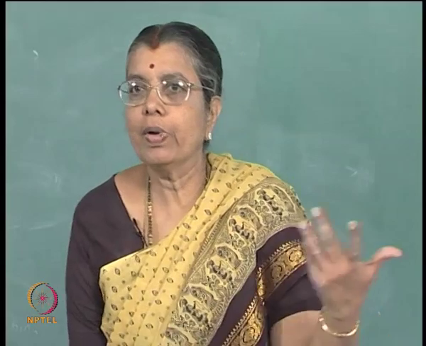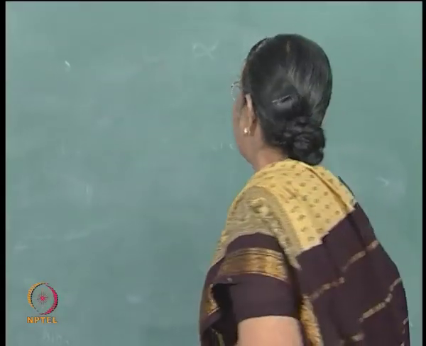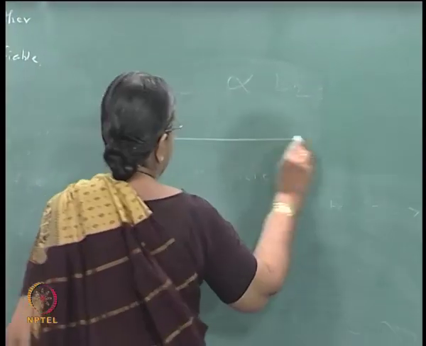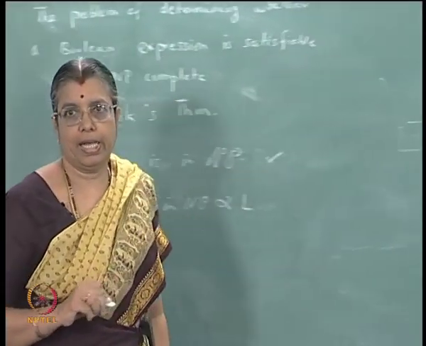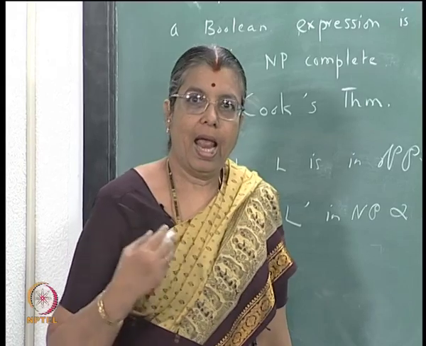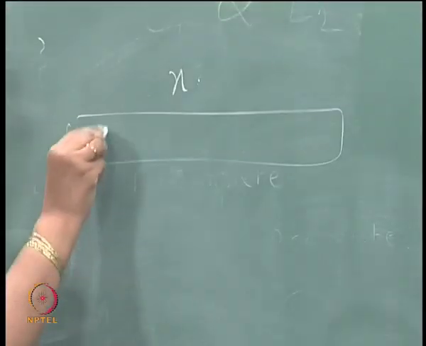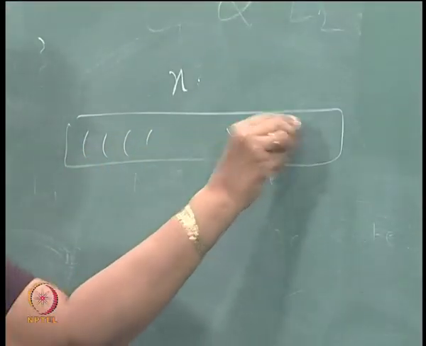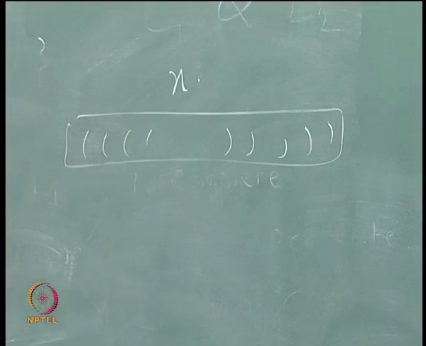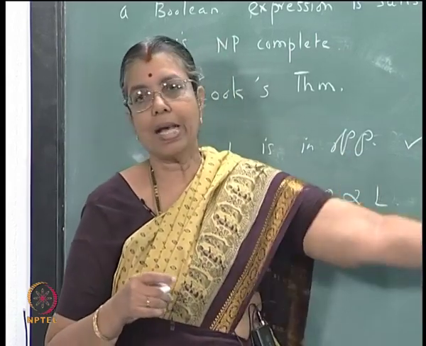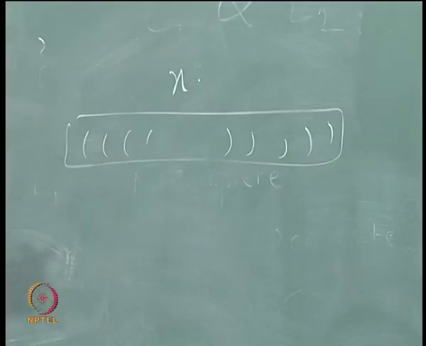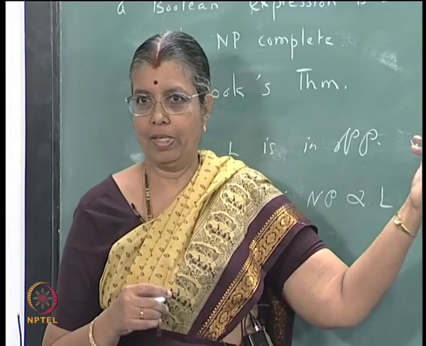Or otherwise, look at it as the given string, the Boolean expression, is of length n, is it not? Input is of length n. At the most you can have order n nested parentheses. So, make one pass, all the innermost things will be evaluated, make another pass you evaluate and so on.